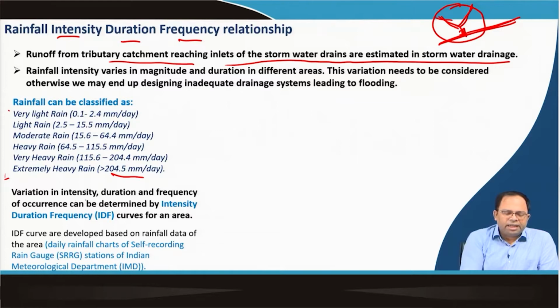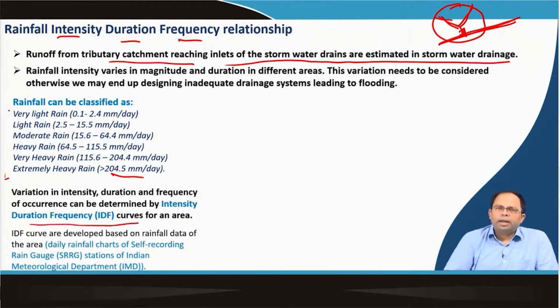So, the variation in intensity, duration and frequency of occurrence needs to be measured for any rainfall event, and it is determined by the intensity, duration, frequency curves for a particular area. So, we generate these intensity, duration, frequency curves for a particular area.